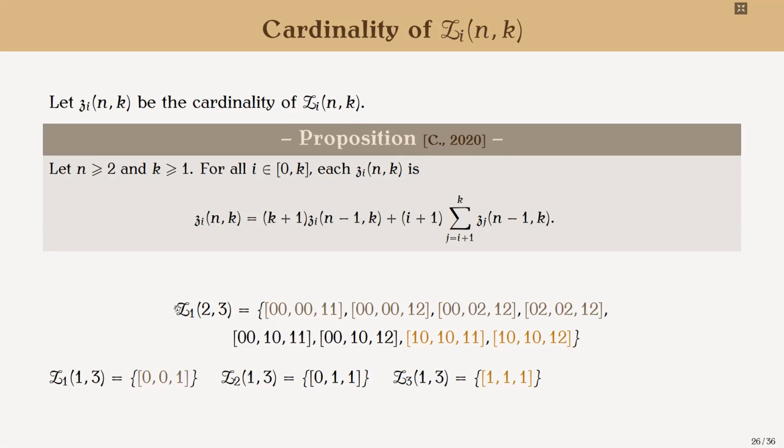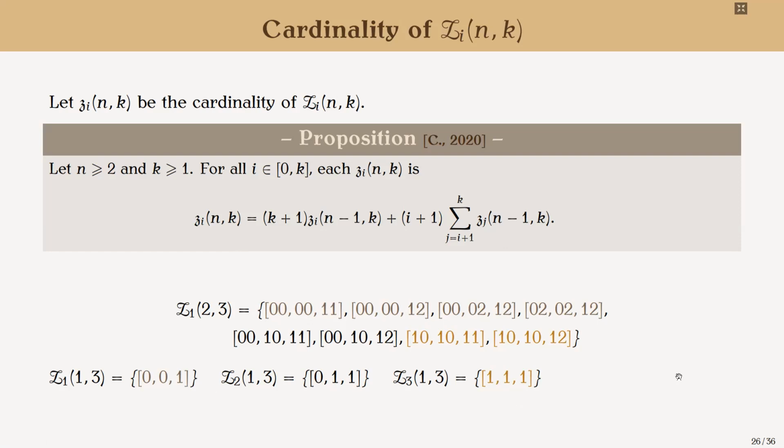So, for instance, if we look at this set Z1, 2, 3, we have all this cation here. We have all this fraction here, and because of that, we know that the first three elements came from this set. The second two come from this set, and the last two come from this one.